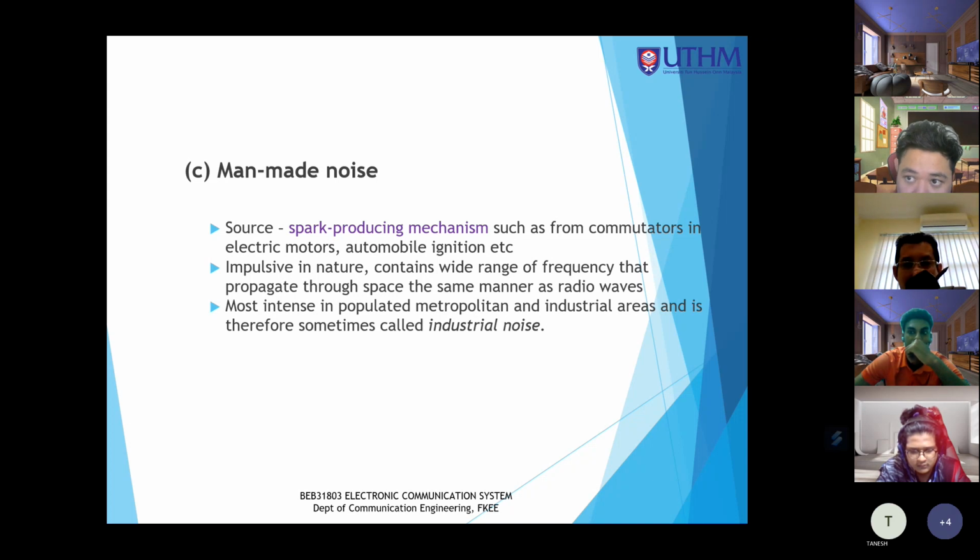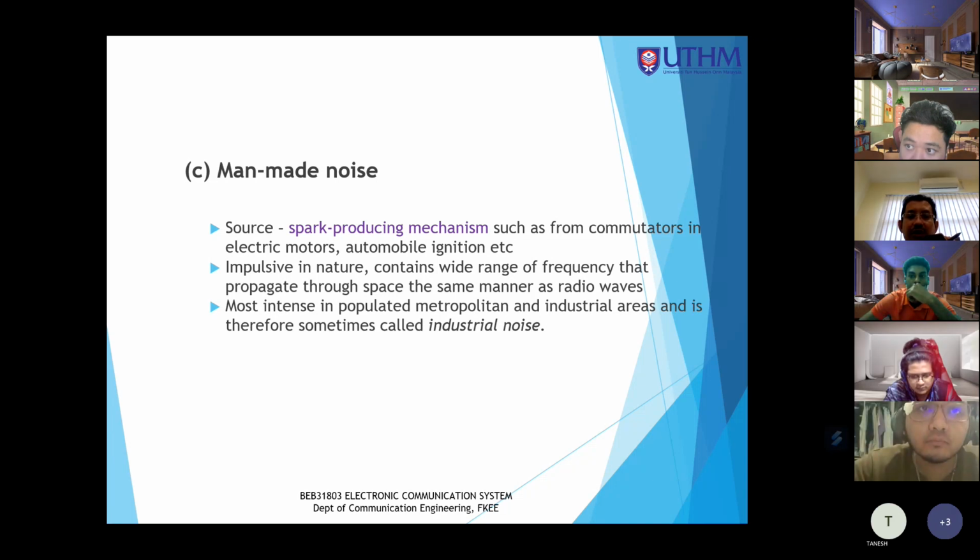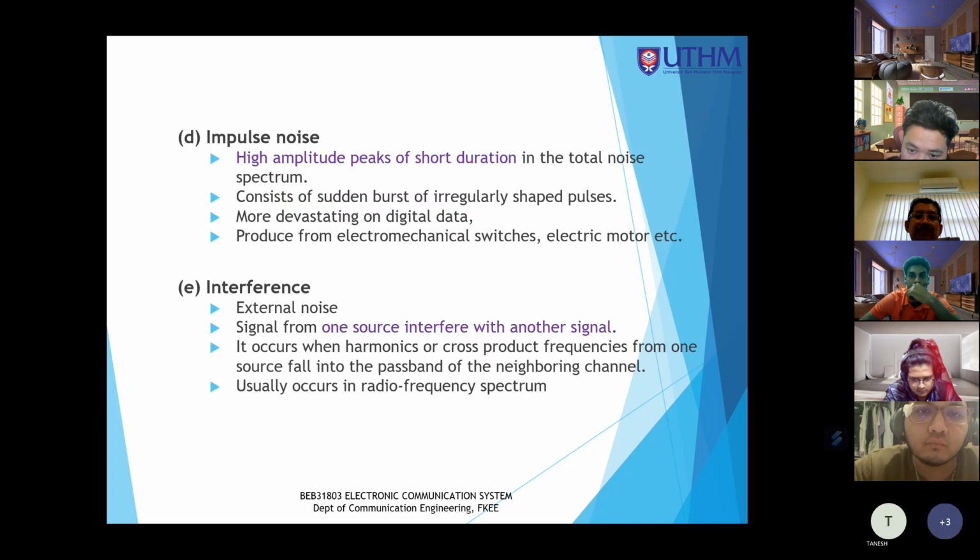Okay, so man-made noise, among the sources of noise is spark-producing mechanisms, such as from the commutators, electric motors, automobile ignition, and so on. So this is also called industrial noise. Okay, so impulse noise is a high amplitude peak of short duration in the total noise spectrum.